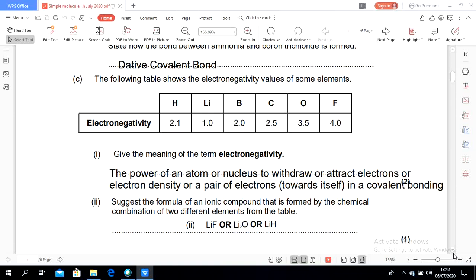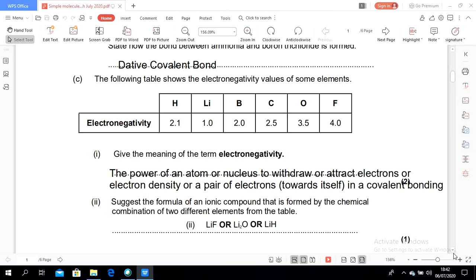Why? Because in ionic bonding it is transferring, it is not electronegativity. There is electropositivity in ionic bonding. And then suggest the formula of an ionic compound here: it can be lithium fluoride, lithium oxide, or lithium hydride.